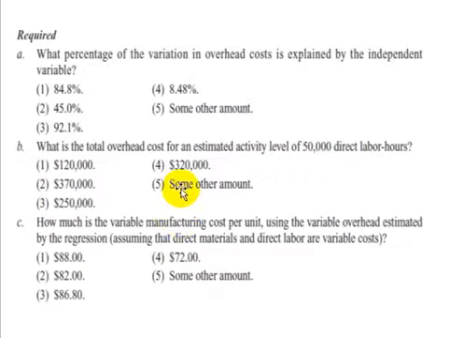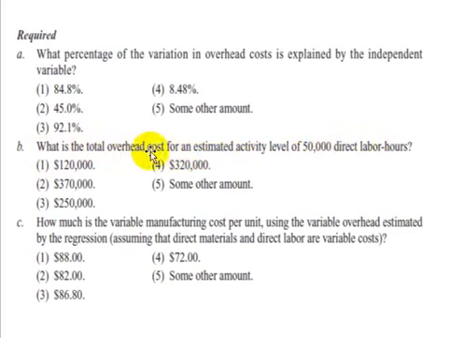So the right answer is number 1. B. What is the total overhead cost for an estimated activity level of 50,000 direct labor hours?